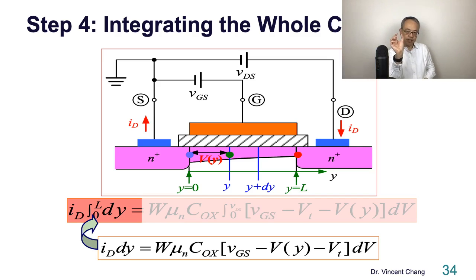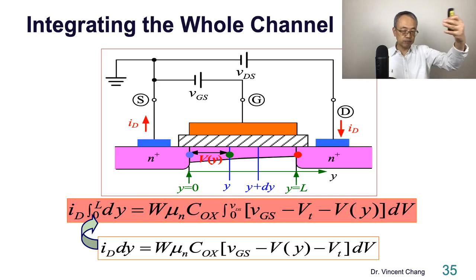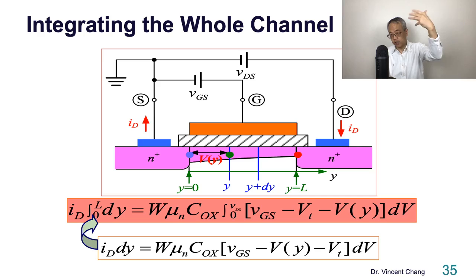For the position, for the length, integration of the whole channel tells us from the left end, the lower bound, to the right end, the upper bound. The left end, y equals 0, to y equals L. On the left-hand side versus the position. On the right-hand side corresponds to the voltage, where V represents the channel potential.